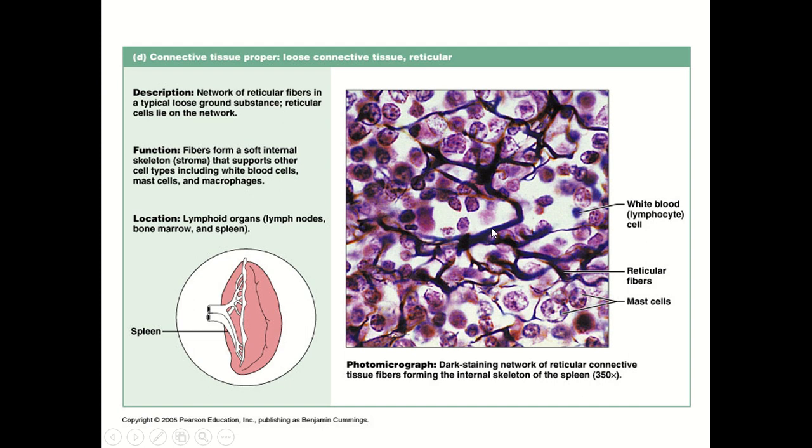Its function: the fibers of the reticulum form a soft internal skeleton that supports other cell types, including white blood cells, mast cells, and also macrophages. You can find it in the lymphoid organs.